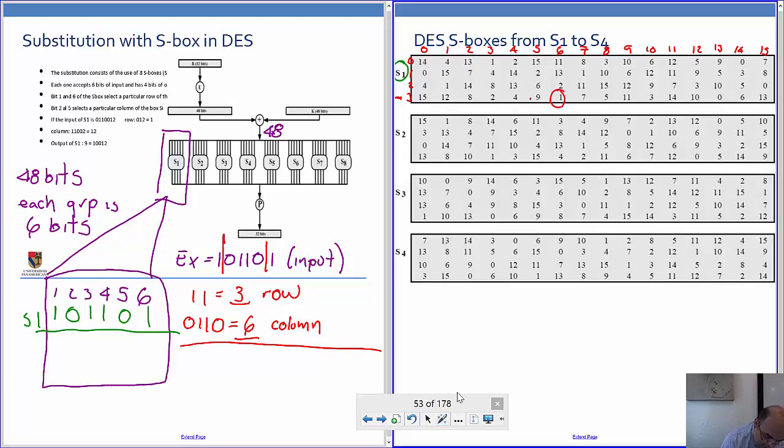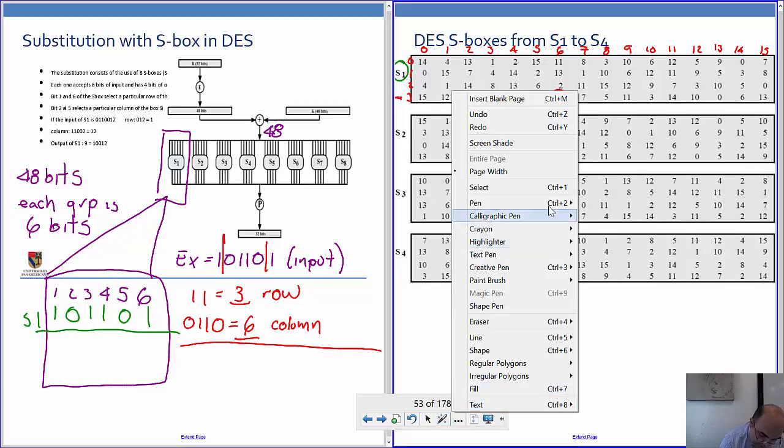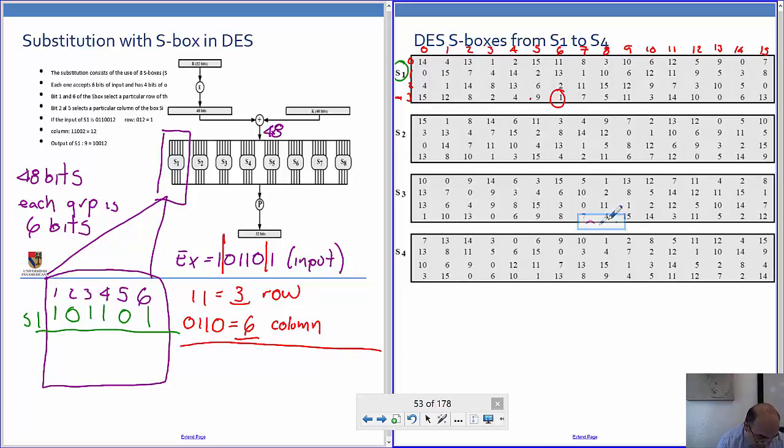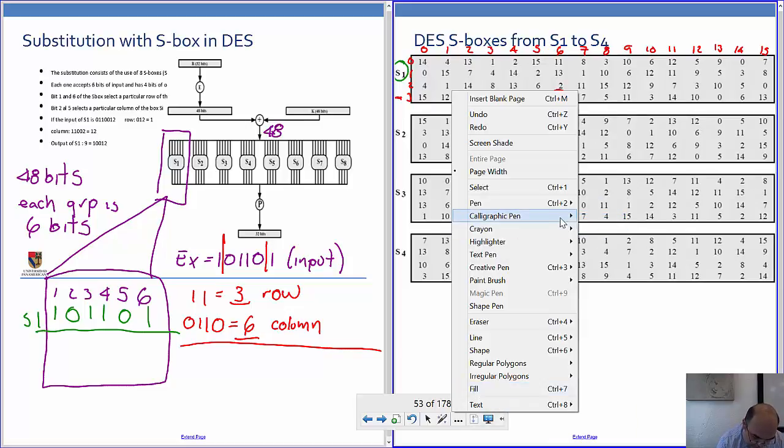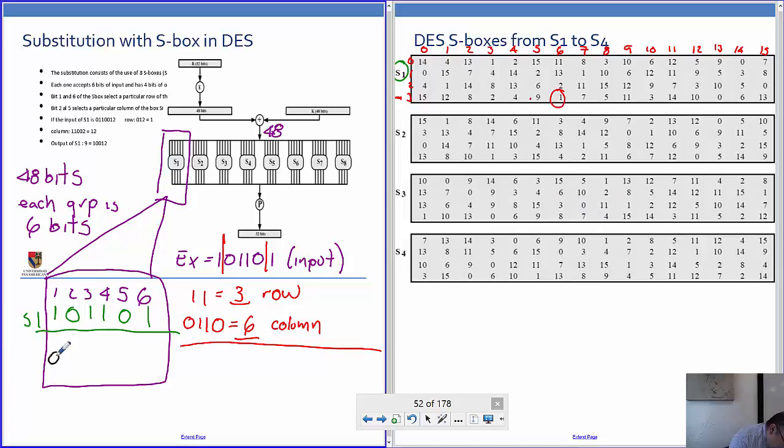So what are we going to write here? The answer will be 0, 0, 0, 0, 0, 1. That will be the output. No, that's not the output. Why is that not the output?